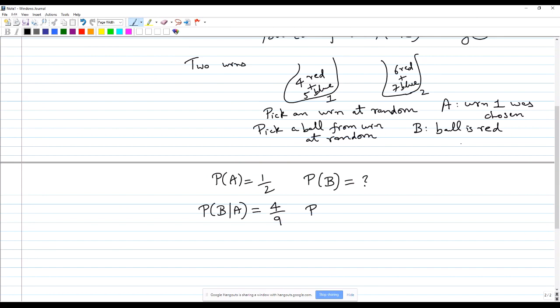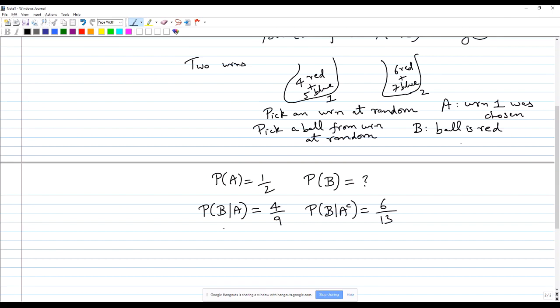Also, what is easy is probability of B given A complement. What is A complement? Urn 1 was not chosen, which means urn 2 was chosen. Given that urn 2 was chosen, probability of getting a red ball is 6 by 13.